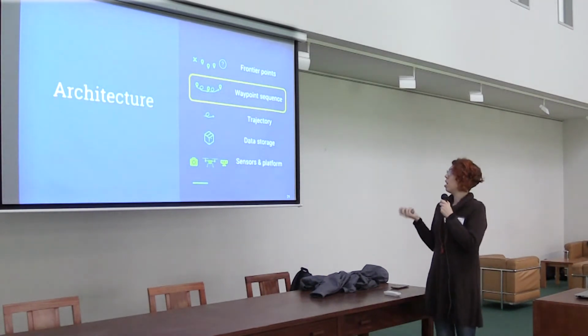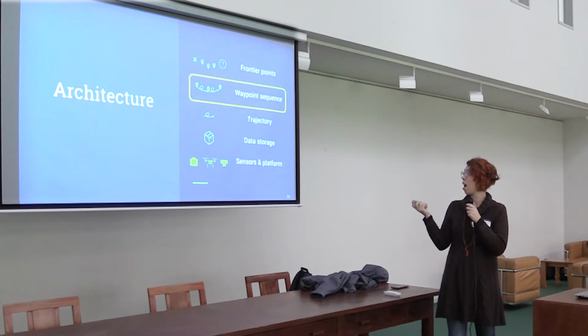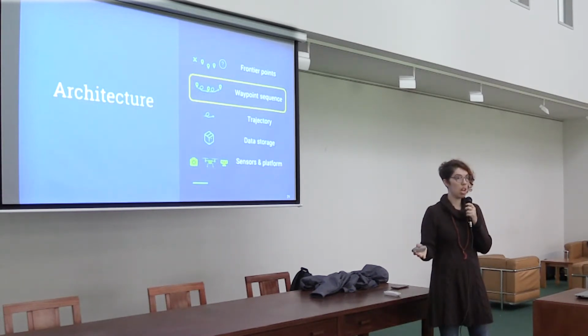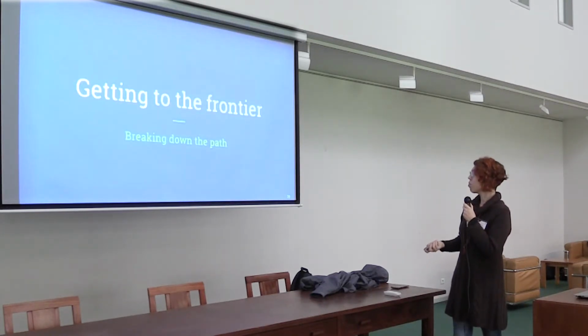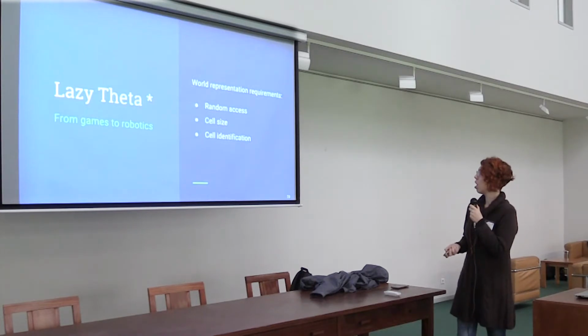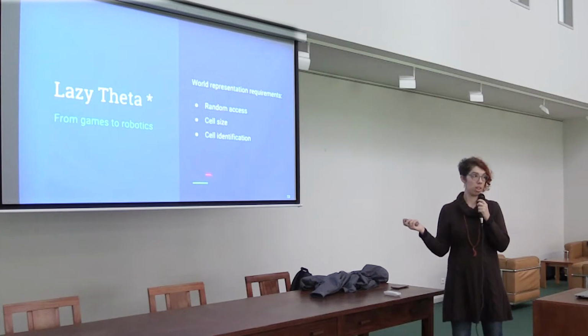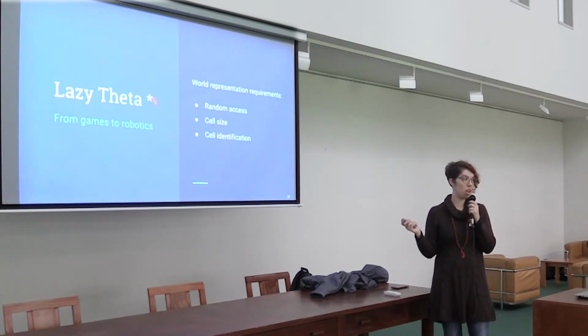Okay. Now for the really lazy theta star focused part, which is how I figure out how to make a waypoint sequence that goes from where the UAV is to where my frontier cell is without hitting anything, hopefully. Okay. So for this algorithm, we will need random access to the data. We will need to know the cell size of each node.